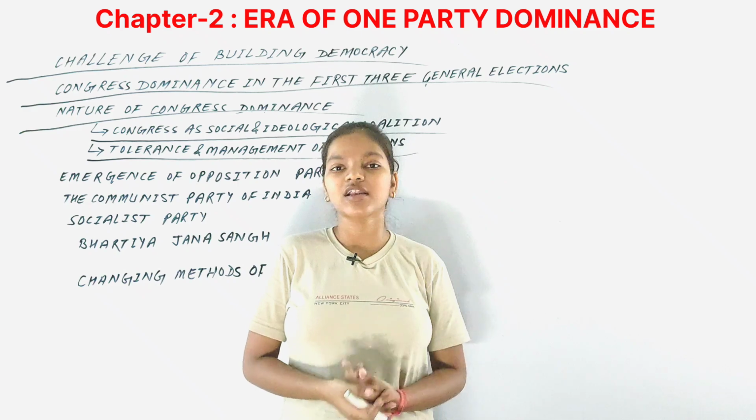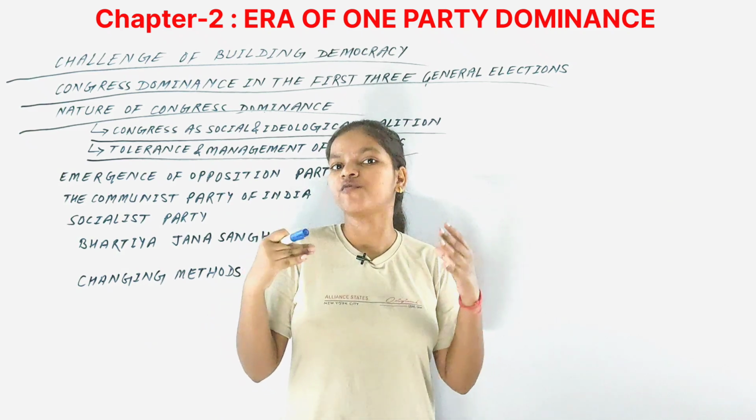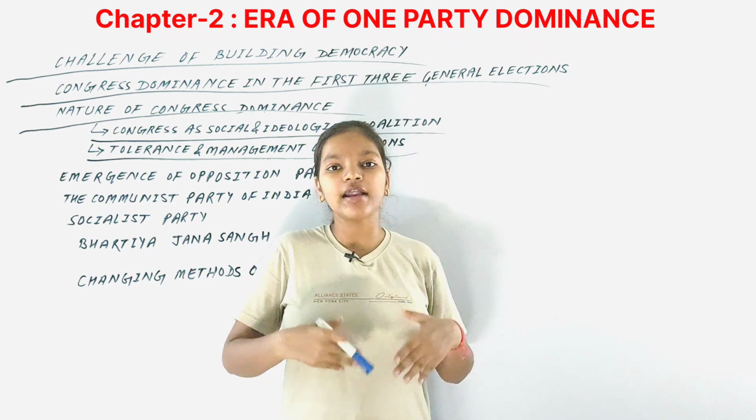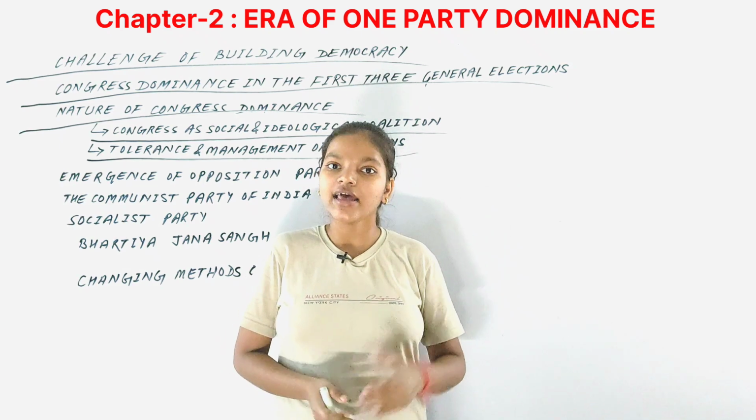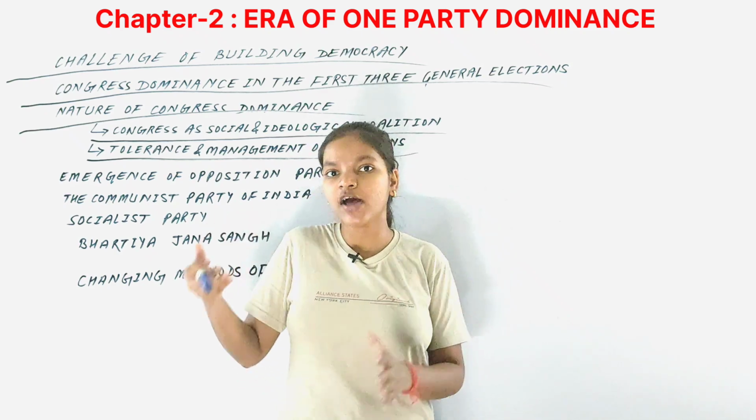Why? Because firstly, with having so many factions, it had many kinds of ideas. So whenever an opposition wanted to say something, it was already included in the Congress party due to having different factions.